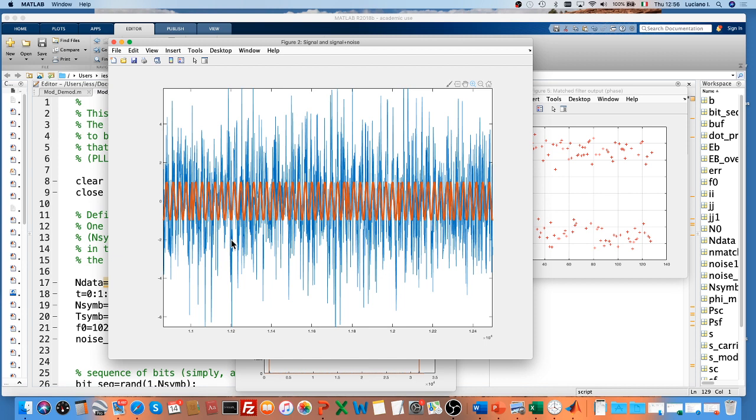So you can see the modulation. Okay. Let me magnify further this portion here.